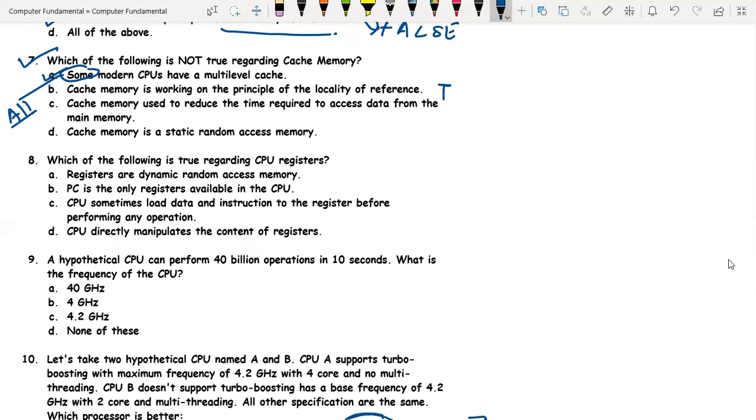Cache memory is used to reduce the time required to access data from the main memory, true, this is the definition of latency reduction. And cache memory is static random access memory, that's also true. So statement A is the false one. Question number 8. Which of the following is true regarding the CPU register?